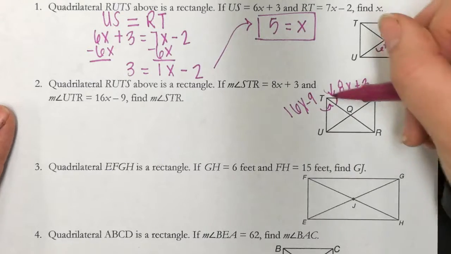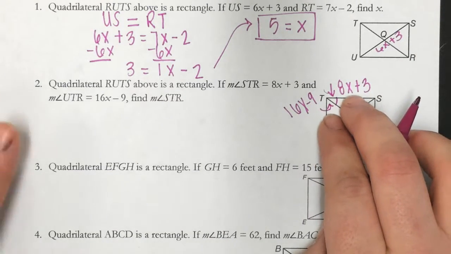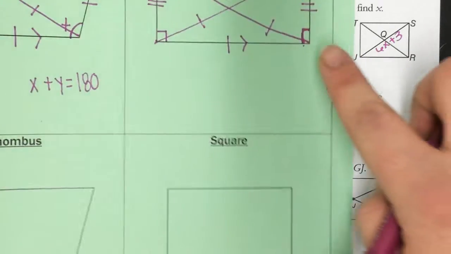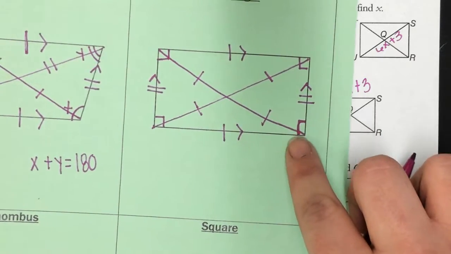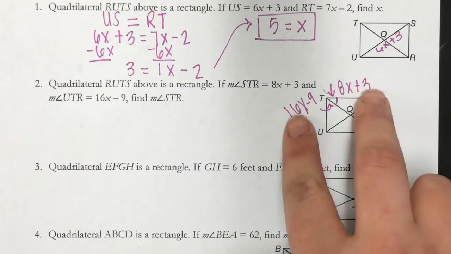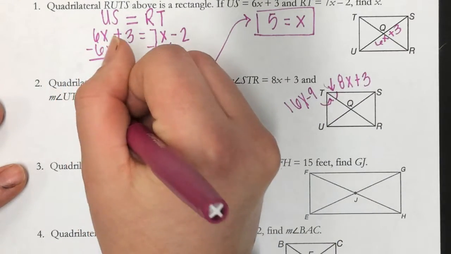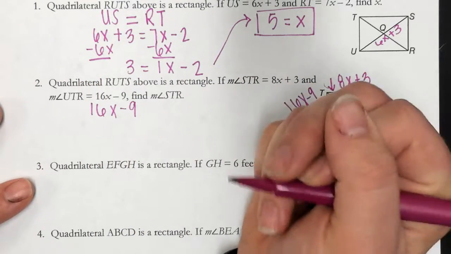Find STR. So when I add these two together, what should they equal? 90 degrees. Because look, it's just one corner. It's one angle. And in a rectangle, all of our angles are 90 degrees. So you have to add them and set them equal to 90.